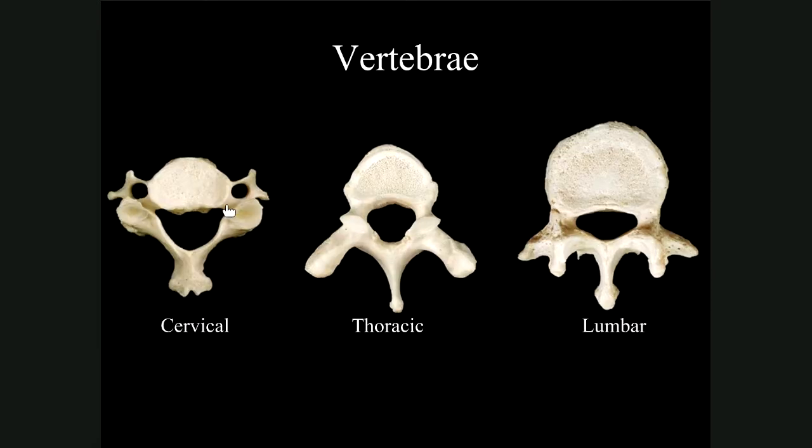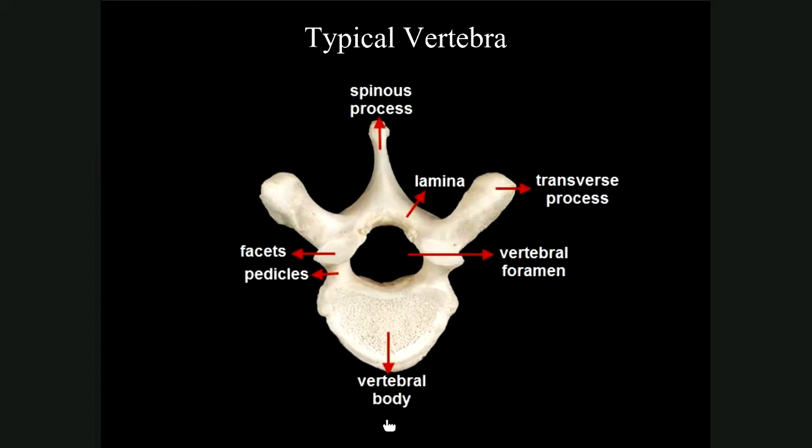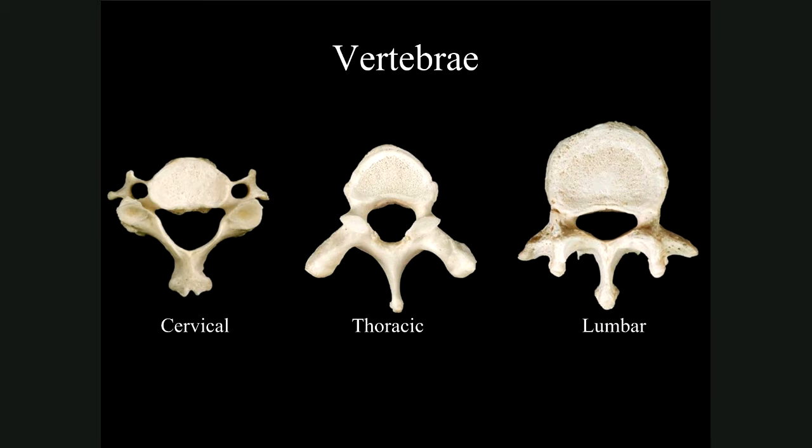We know it's not the cervical because it didn't have those holes, and we know it's not the lumbar because the vertebral body was kind of small. This is small, lumbar is big. And the spinous process is pretty long here in the thoracic vertebrae, but it's shorter in the lumbar. Thoracic is longer, lumbar is short. Point being is, we're going to go through a bunch of these, and you'll get the picture.